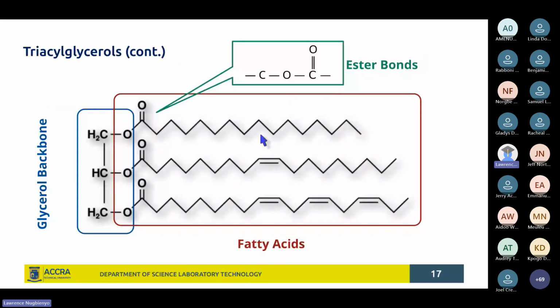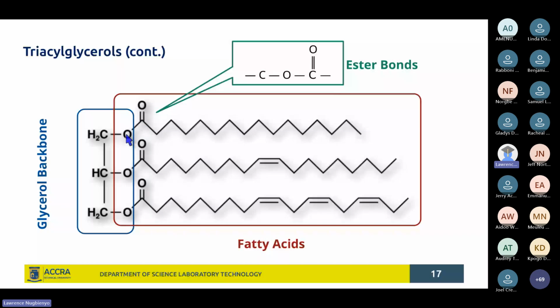Okay, now, if you look at it in much more detail, that's the glycerol in the blue box. The glycerol is the backbone onto which you have these three fatty acids, forming the bond between the fatty acids and the glycerol backbone.